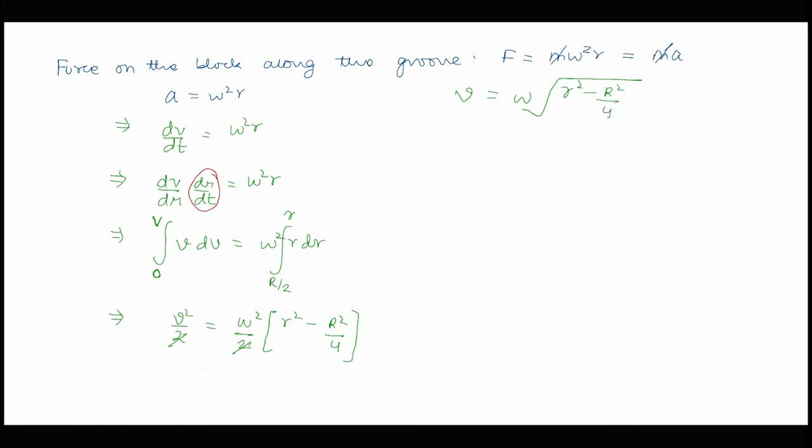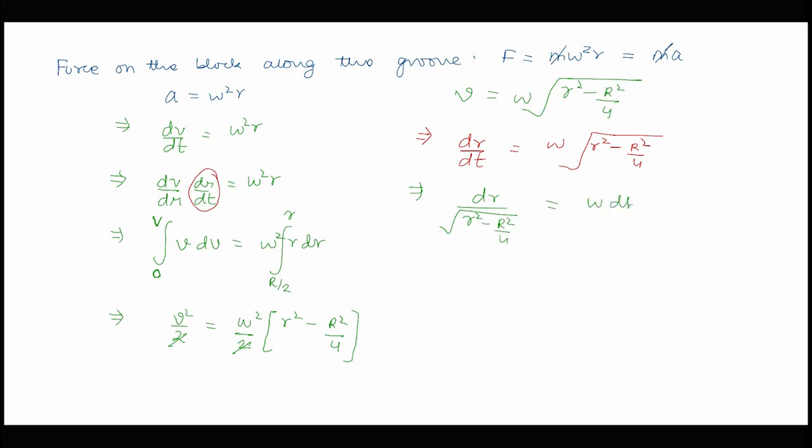Now the question is not asking us the velocity, but it is asking us the distance parameter. So I can write this v as dr by dt, which is equal to omega root over r square minus r square by 4. So if we solve this expression, we can write it as dr, all the terms of r on the left hand side will be in the denominator, r square minus r square by 4 is equal to omega dt.